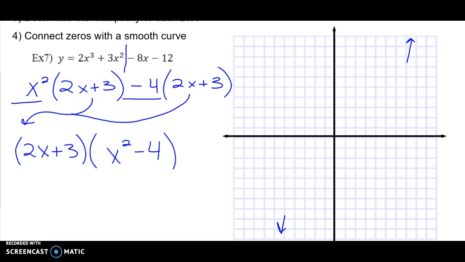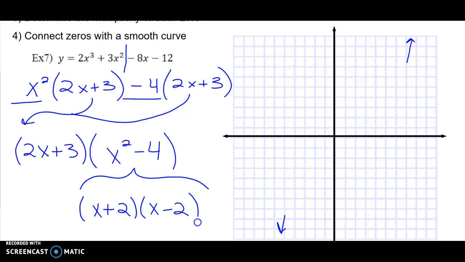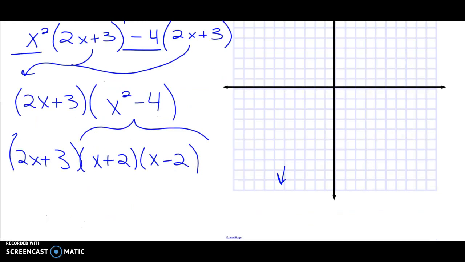Okay, one of those can factor again. What is x squared minus 4? x plus 2, x minus 2. And obviously 2x plus 3 is done. You can't break it apart any further because it's down to a single x. All right, so my x-intercepts are negative 3 halves, negative 2, and positive 2.